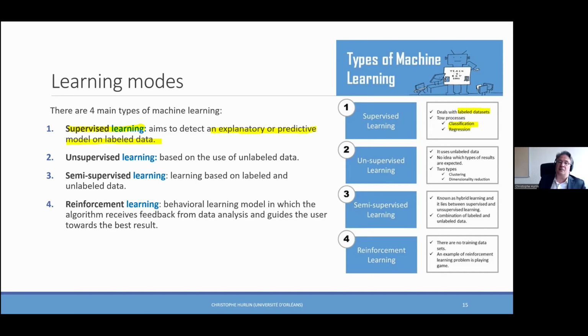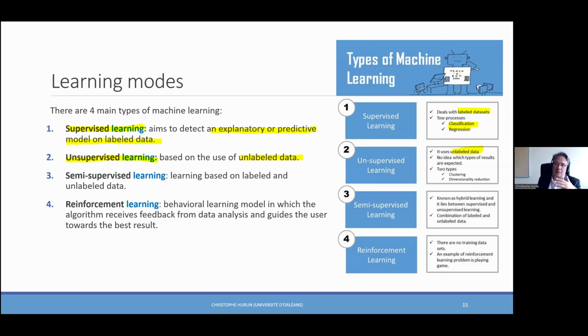On the opposite, you have unsupervised learning, which is based on the use of unlabeled data. Unlabeled data means that you don't observe the values of y, your target variable. So I only have x values, I only observe the model features. What is the main objective of unsupervised learning algorithms?